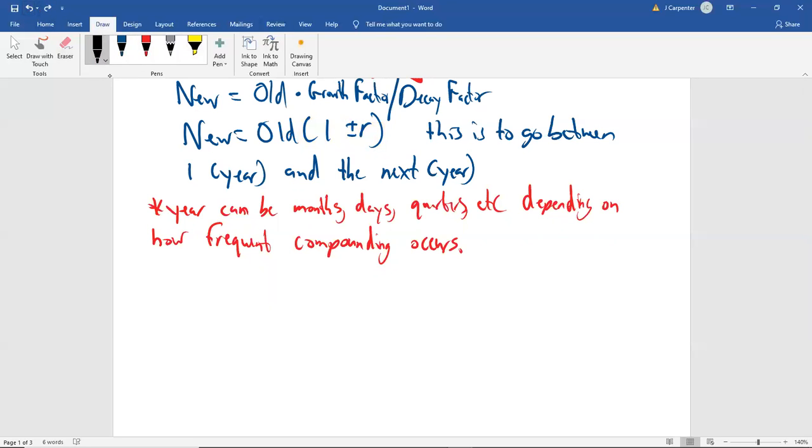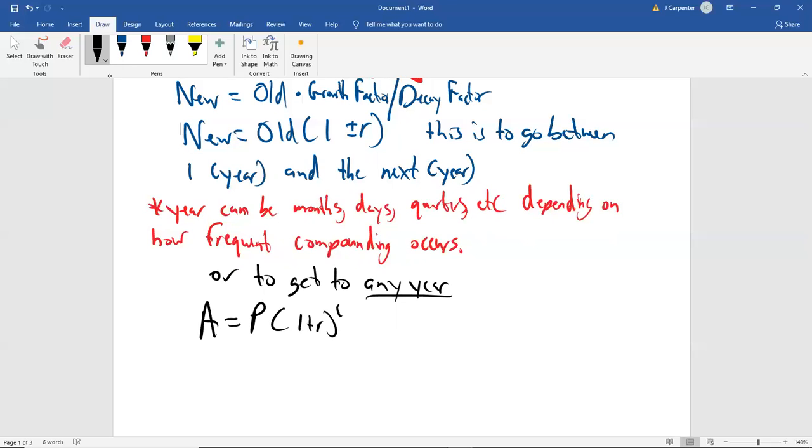So to get to any year, and I'm not putting the year in parentheses this time because this formula only works for years: A equals P times (1 plus r) raised to the t, where A we call the future value, the ending value. P is the starting value, also known as the principal. R, of course, is your annual rate, and t is your time in years.